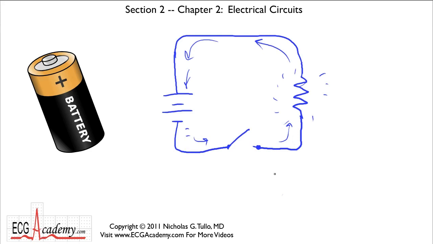And if you imagine some kind of a meter that would measure this electrical current, we would represent this as a circle with a V, and that's a voltmeter, because the amount of force that the battery provides in moving the electrons around in a circuit is measured in volts. So a 9-volt battery has a lot more force than a 1.5-volt battery. So the voltage describes how rapidly these electrons are flowing around the circuit.